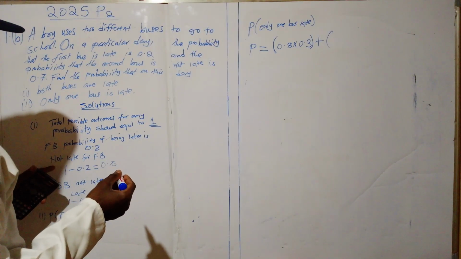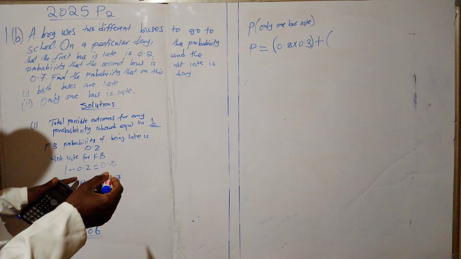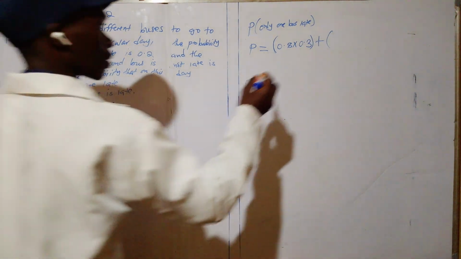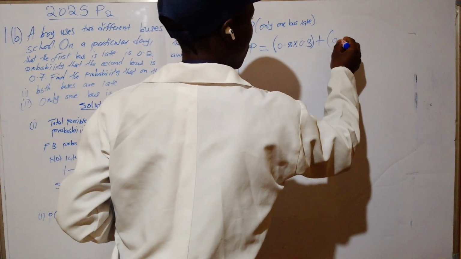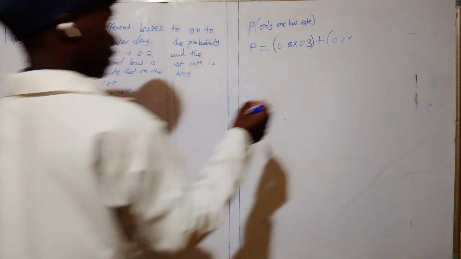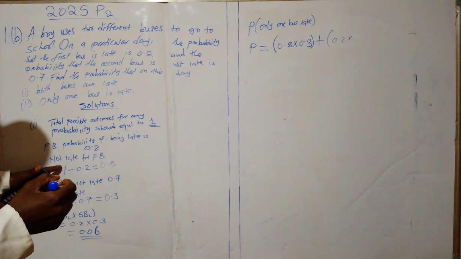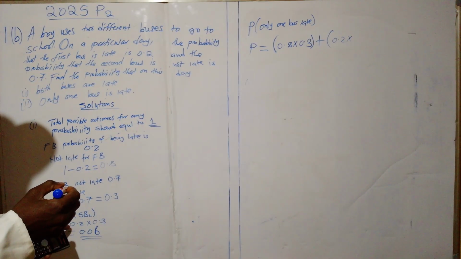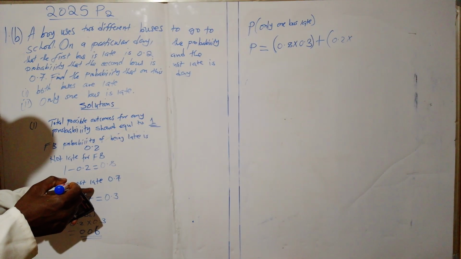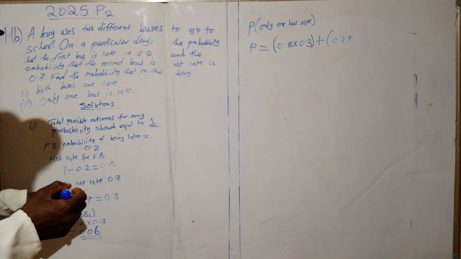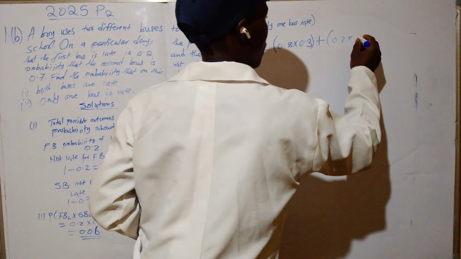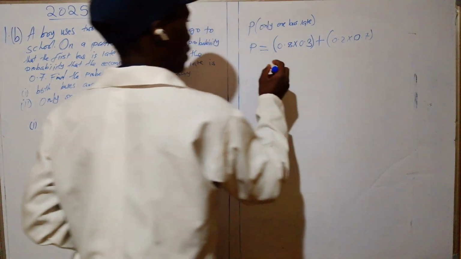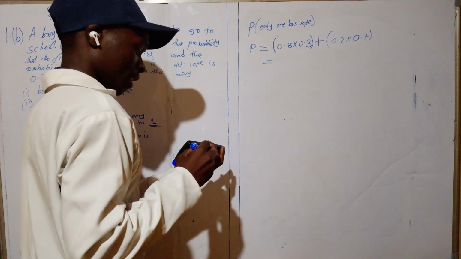So for the first bus to be late, we have 0.2 times, the first bus is late and then the second bus is early, which is not late, which is 0.7. So this is how you calculate this probability here.